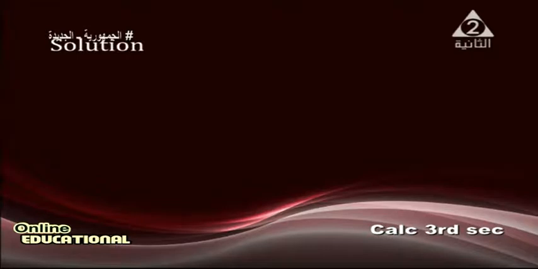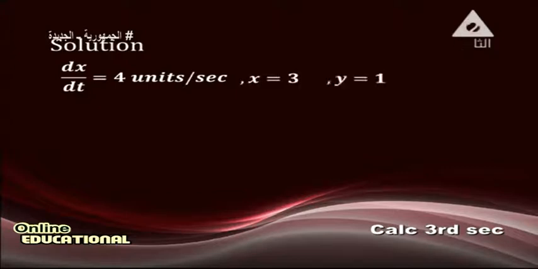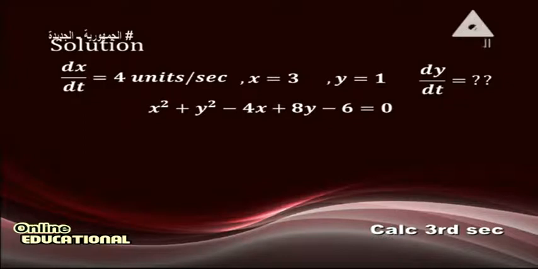Now we have dx/dt equals 4 units per second. At the point (3, 1), then x equals 3 and y equals 1. What is the change of its y coordinate with respect to time, which is dy/dt? Now we have the relation x squared plus y squared minus 4x plus 8y minus 6 equals 0.